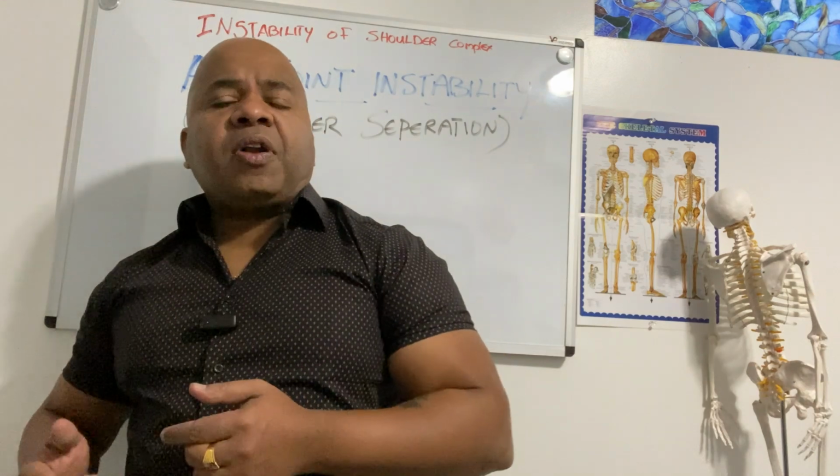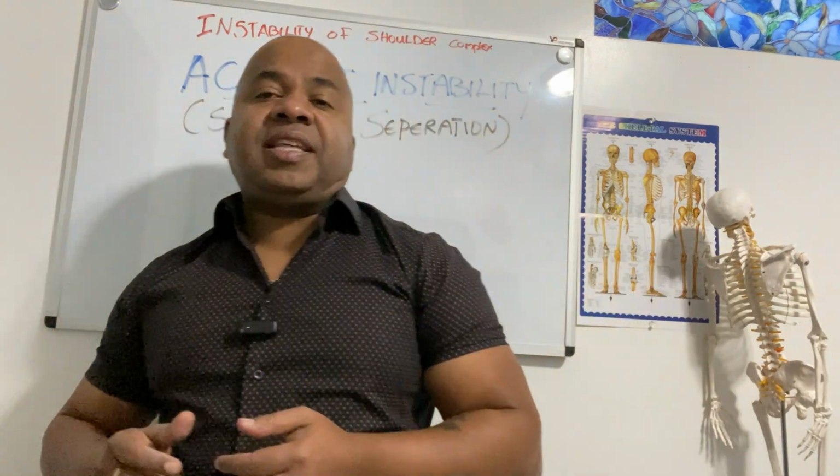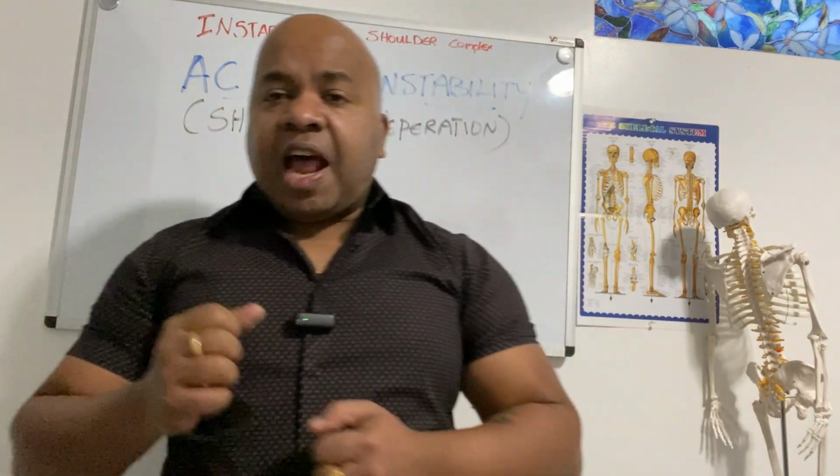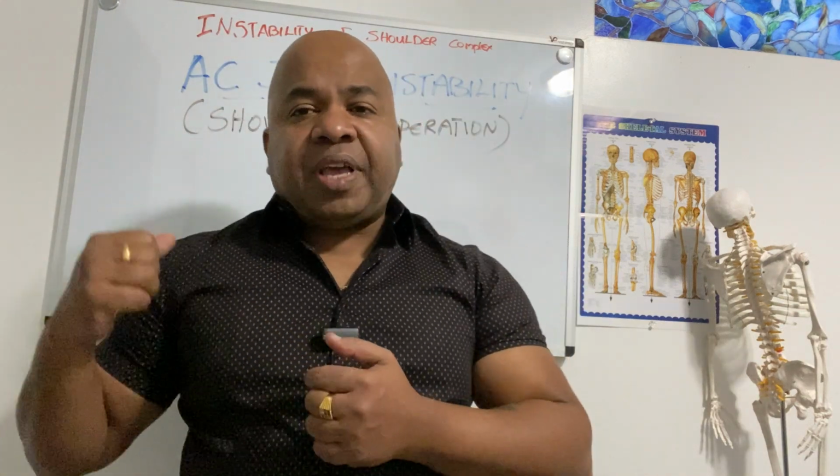Now let us see the clinical tests for AC joint separation. One test is the acromioclavicular resisted extension test. Here the therapist should stand at the back of the affected side of the patient.